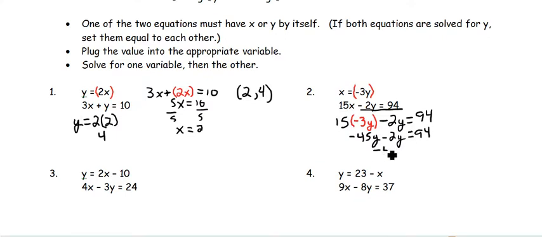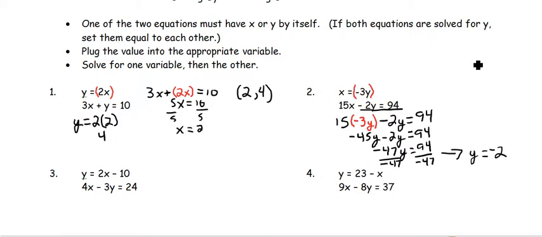That's negative 47y equals 94. Divide by the coefficient. And then this will come out y equals negative 2.